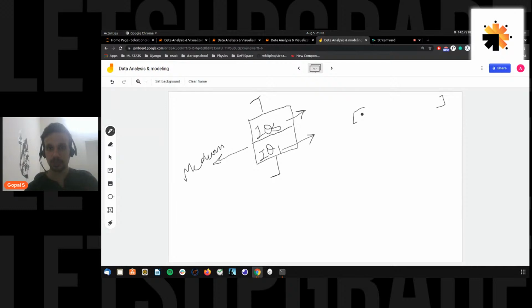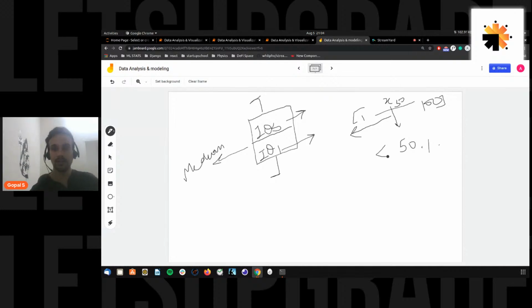Say you have 1 to 1000 values, and I say 50th percentile. What do I mean by that? I mean, for this median value, let's say it's x50, all of these values are going to be lesser.